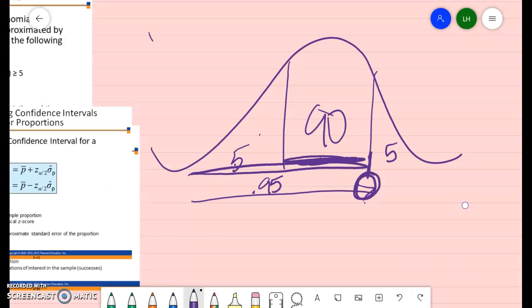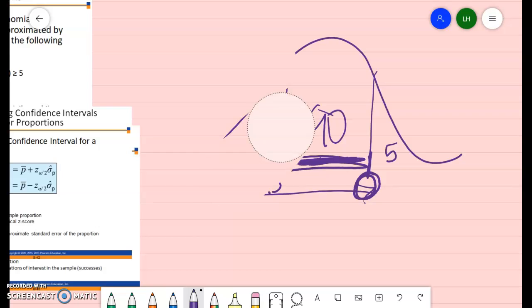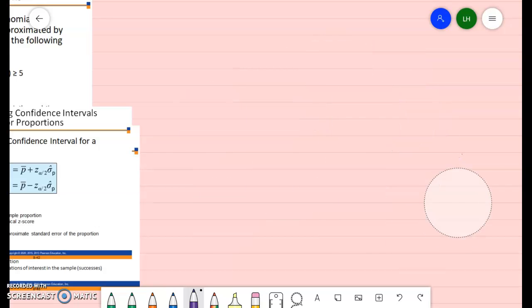But if we round it, if we took the average of that, 1.64 plus 1.65 divided by 2, that is going to give me 1.645. So I'm going to use 1.65 for my z-score. Now, I need to get my standard error for my proportion.